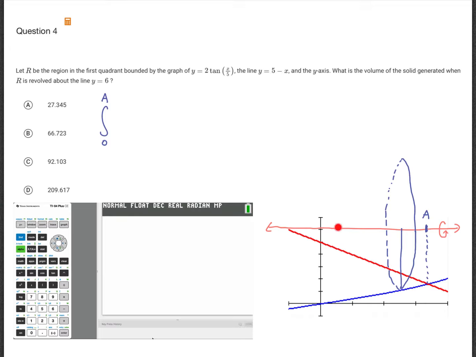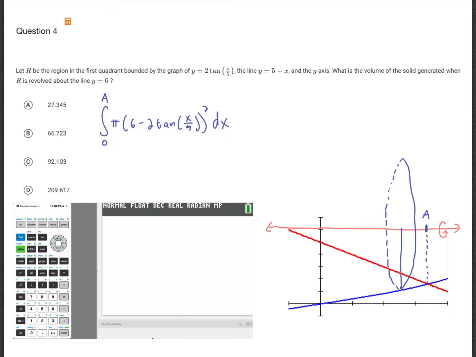This function's y equals 6, and this function's y equals 2 tan x over 5, so we'll subtract those. The first one will be pi, and that radius is 6 minus 2 tan, and then we'll square it.